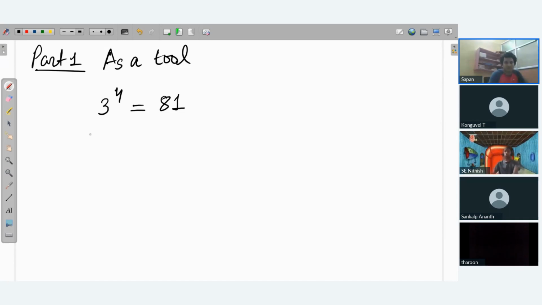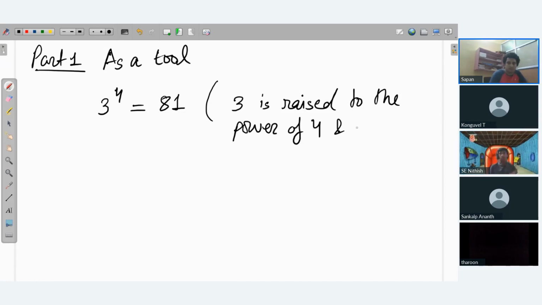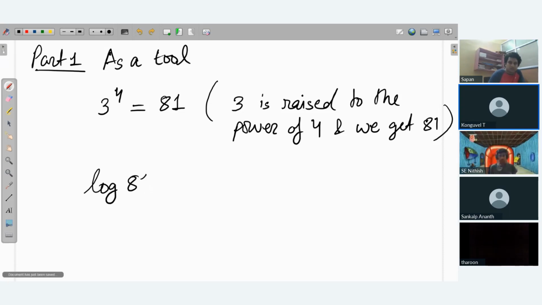So 3 is raised to the power of 4, and we get 81, right? This is also written in this way: log 81 on base 3 is 4.